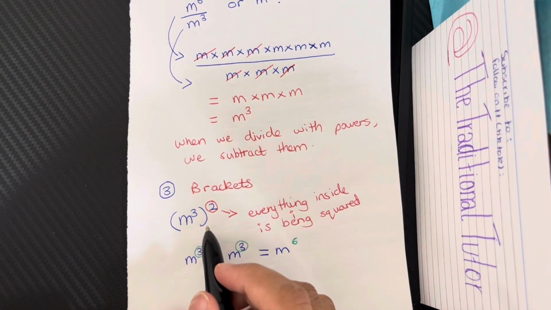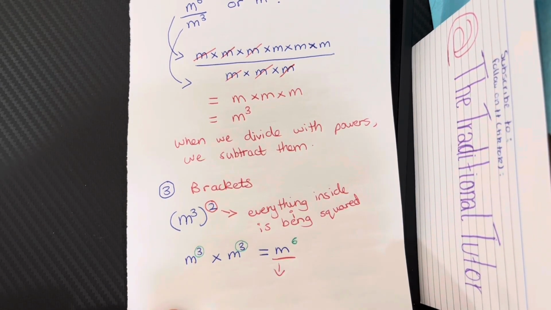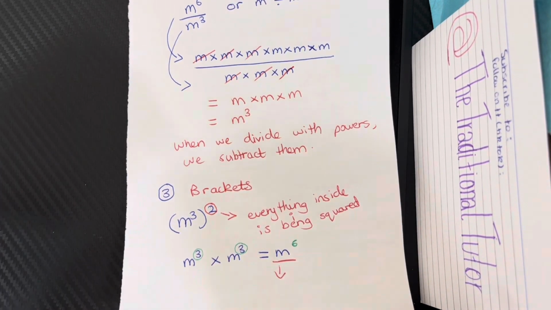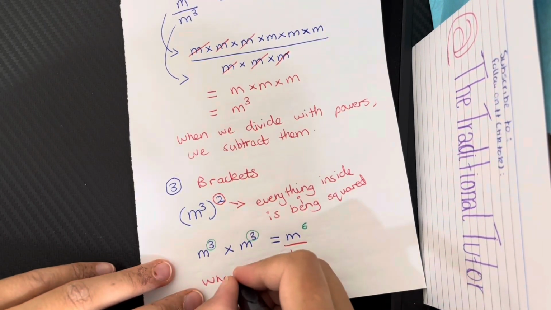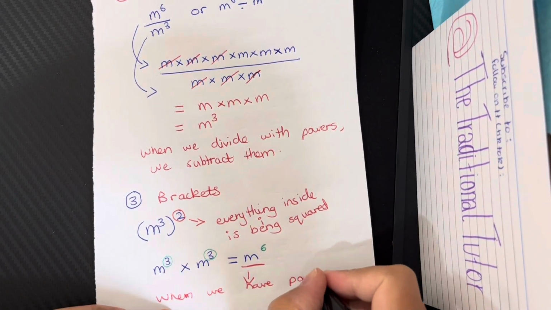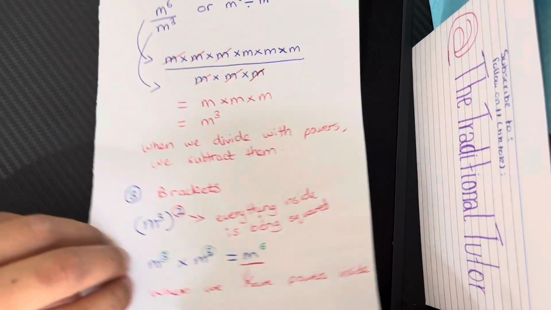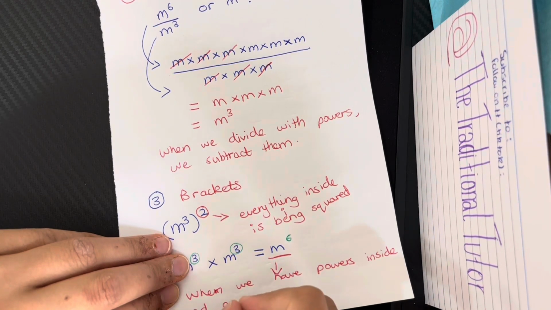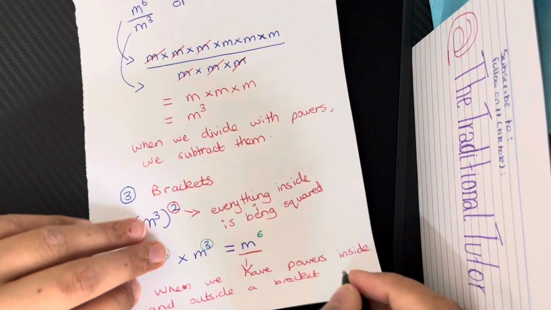Now that we've looked at this rule and broken it down, we can think about what the shortcut is, or what the actual rule is. Well, the rule says that in order to get to this bit quickly, instead of writing it out like this all the time, because remember we can get big powers, we can just do 3 times by 2, so we can just multiply the powers together. So the rule is that when we have powers inside and outside a bracket, we can simply multiply them together.